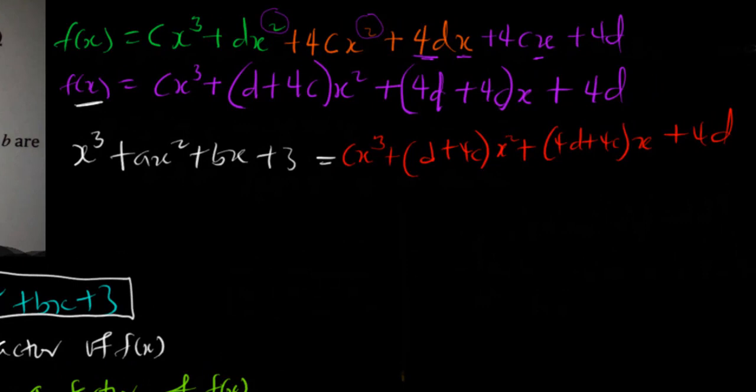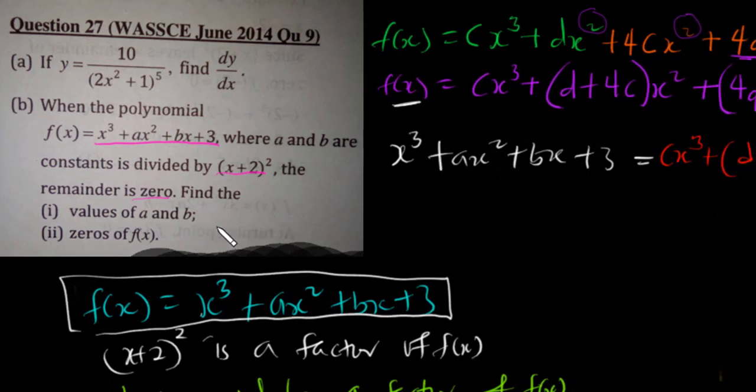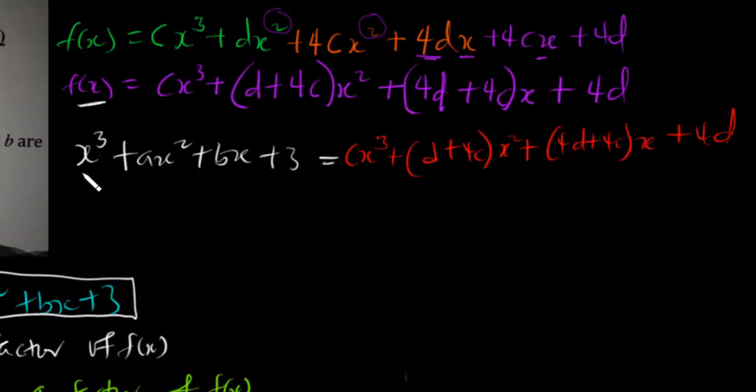That is what we want to do here, so that we find the values of a and b, because we've been asked to find the values of the constants a and b. The first thing we do is compare the coefficient of x cubed. Here we have x cubed, and the coefficient of x cubed is 1, and here we have x cubed, and the coefficient is c.